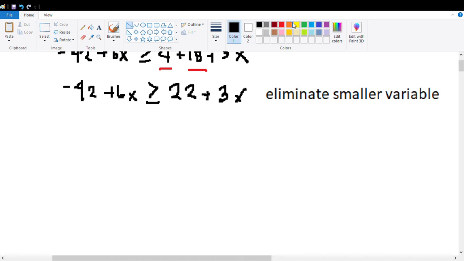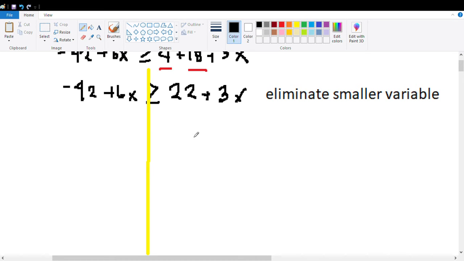But first, before we do some eliminating, we want to draw the line. Anything we do on the left side, we do on the right side, and anything we do on the right side, we do on the left side. This is just a quick reminder that if you're doing this, you also have to do that on this side.